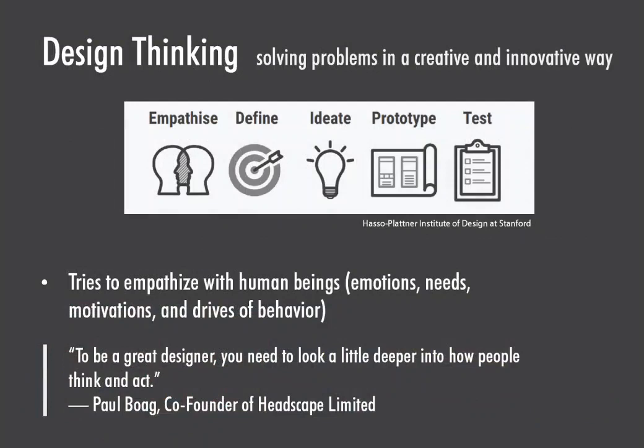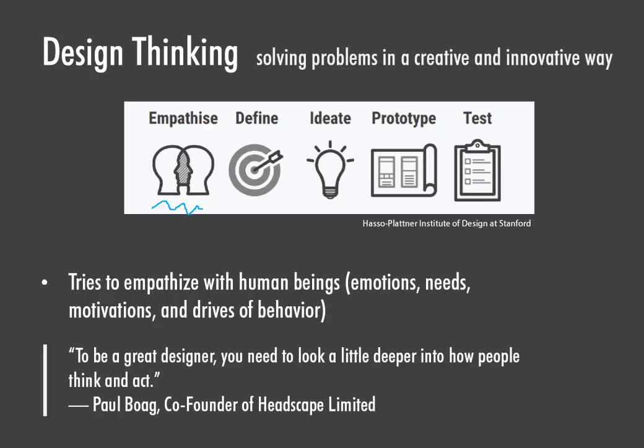Okay, when it comes to designing something, water drum or mobile application or a poster, you have got to understand what design thinking is. Well, same again, it's about solving problems in a creative and innovative way. First, you have to empathize with people's problems.